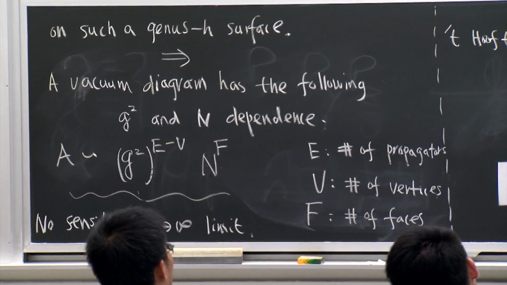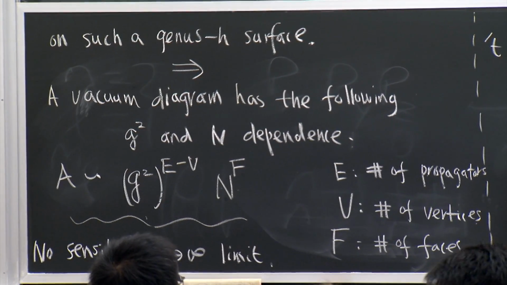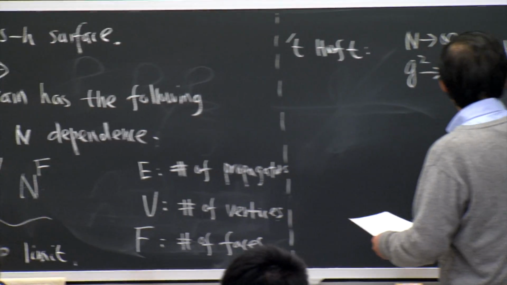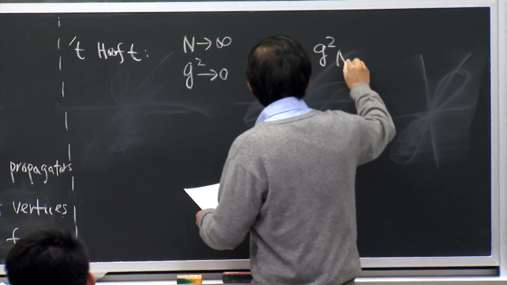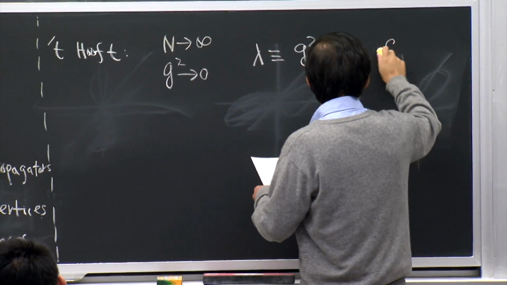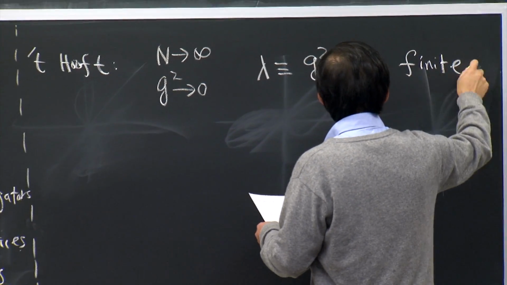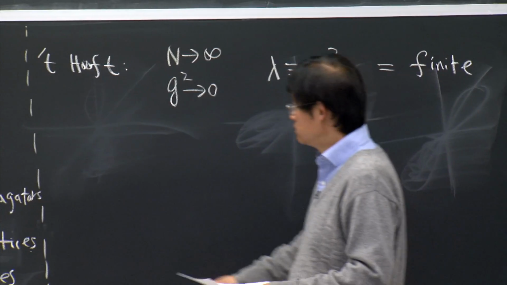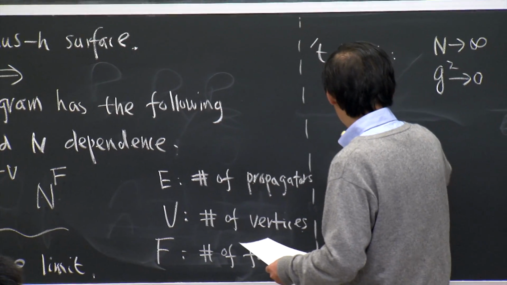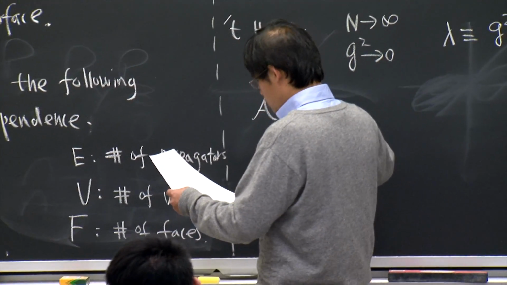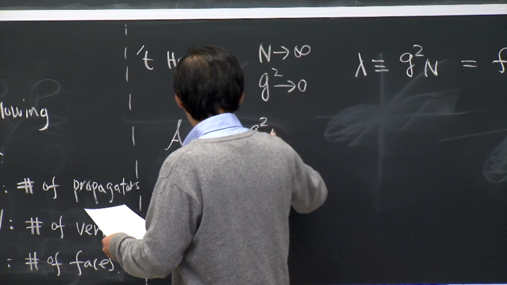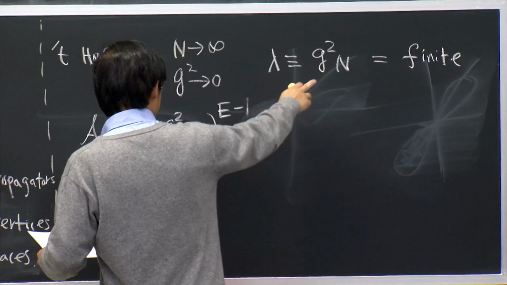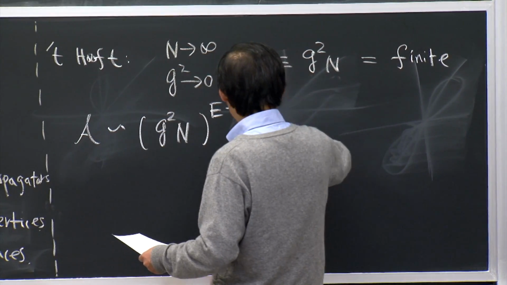So he said, let's consider this limit, so that the product of them is kept finite. So in this limit, the n counting will be different. So this will be g squared n to the power e minus l. Yes, because we want to keep this fixed.